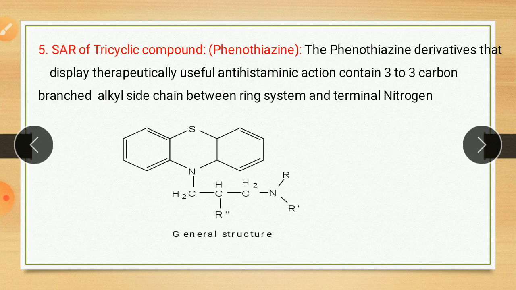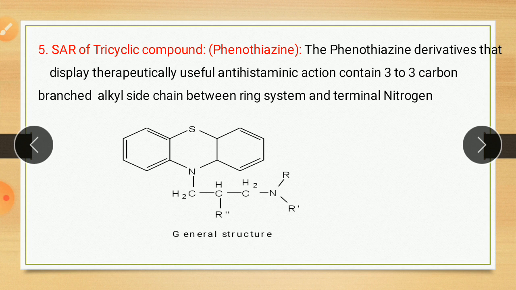The next class is the SAR of the tricyclic compound, called phenothiazine. The search for effective anti-malarials led to investigation of phenothiazine derivatives, in which the bridging entity is sulfur. Subsequent testing found that the phenothiazine class of drugs had not only antihistaminic activity but also a pharmacological profile of its own, considerably different from the ethylenediamines.